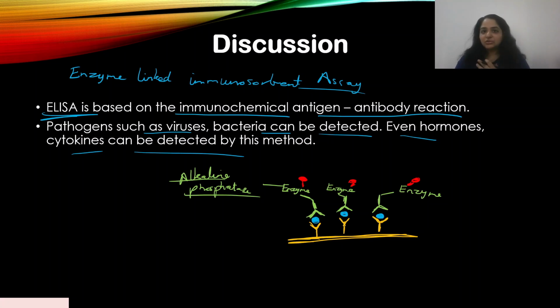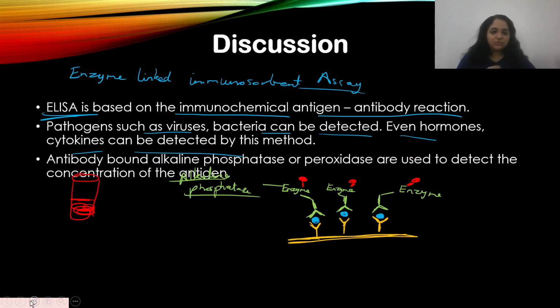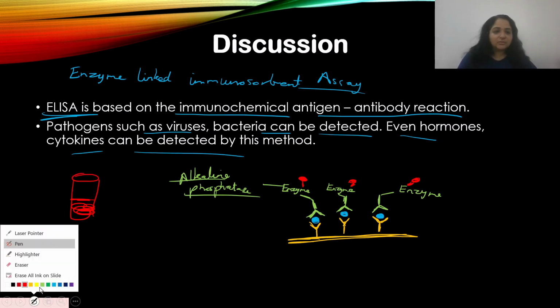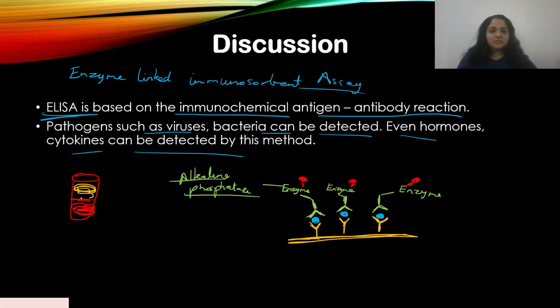You centrifuge the blood and you get the yellow fraction. I hope you know what serum is, right? You have the blood at the bottom and the yellow color serum on top. You take out the serum and that is your sample. You could even use urine.